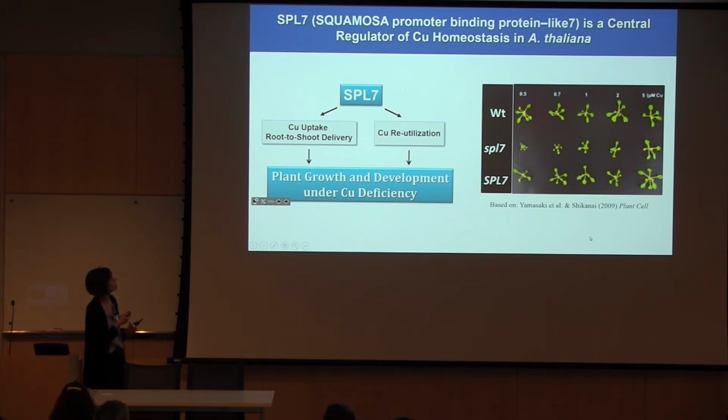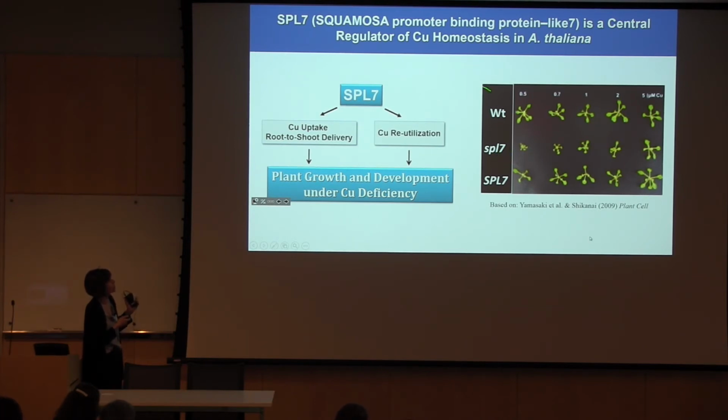The second role is that SPL7 upregulates the so-called copper reutilization system, or copper economy system, when plants try to feed on their own reserves and get rid of very abundant but non-essential copper proteins, and so deliver copper to much more essential copper-requiring functions. So it is not surprising that the SPL7 mutant is sensitive to low copper in the environment.